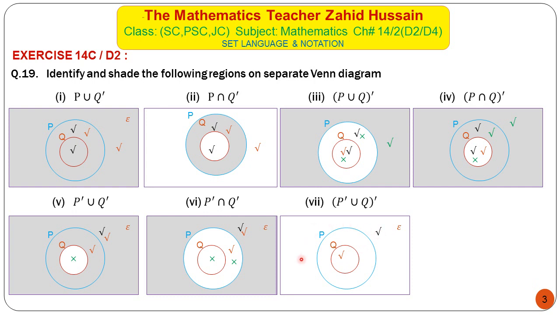So this is the union of P complement and Q. But you are asked to shade the complement of the whole. So it means we do not need this region and we do not need this region also. So the complement means this region only. This one. So we will shade this region.